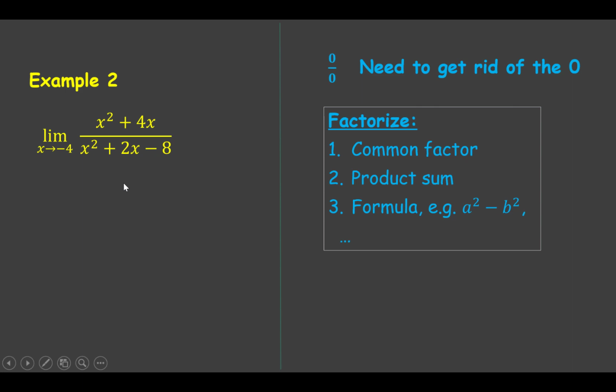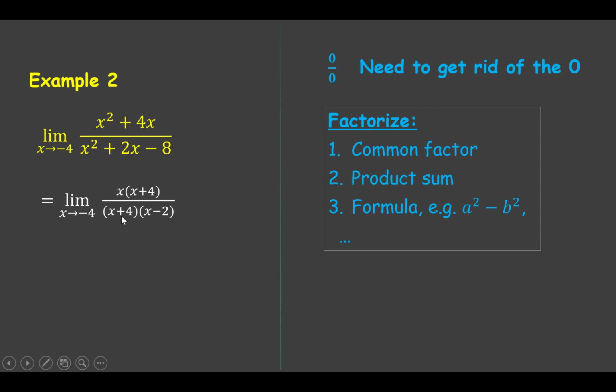If you think about that for a moment, they have to be 4 and -2. So in other words, the bottom is going to be x plus 4 times x minus 2. Again, if you multiply 4 and -2, you get -8. If you add 4 and -2, you get 2. So that's why this is equal to that.